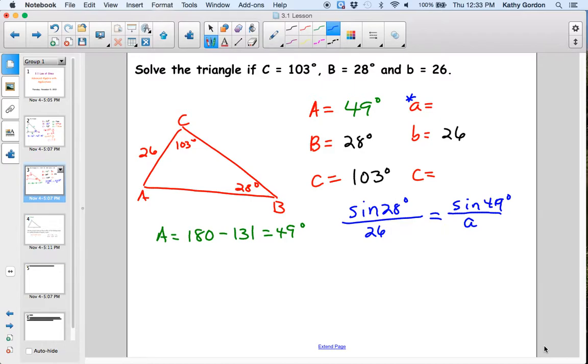So that means that I'm actually taking 26 times the sine of 49, and that's going to have to be equal to A times the sine of 28. Right? Cross multiplying. So then to get A by itself, I'm going to have to end up dividing by the sine of 28 to end up with what my A value is.